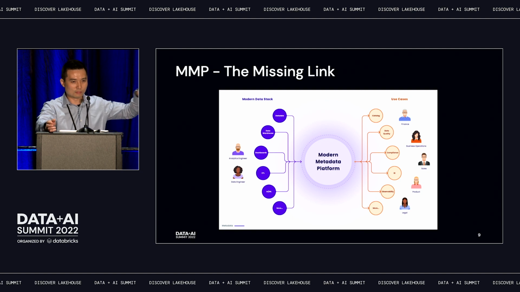They don't care so much about the underlying technical data, but they care deeply about the business use case. So to bring these very different groups of people together, you need a glue between, on the left-hand side, all these producers and producer-oriented systems, and on the right-hand side, all these consumers and consumer-oriented systems. And to us, that is basically the MMP.